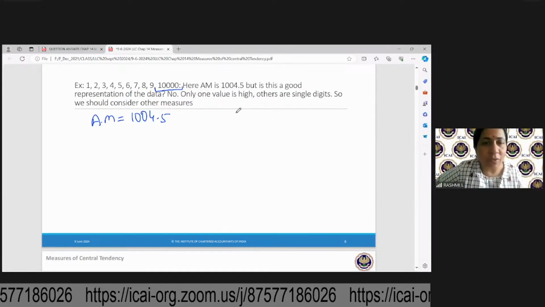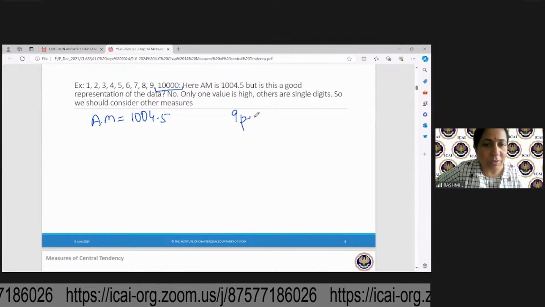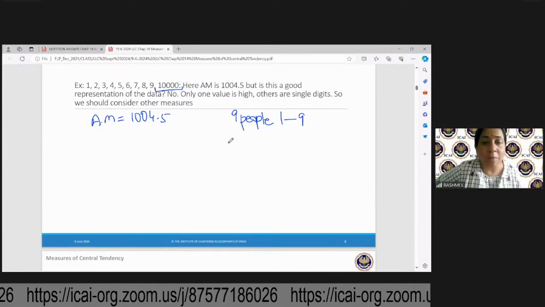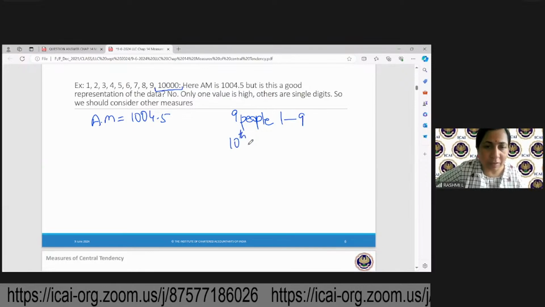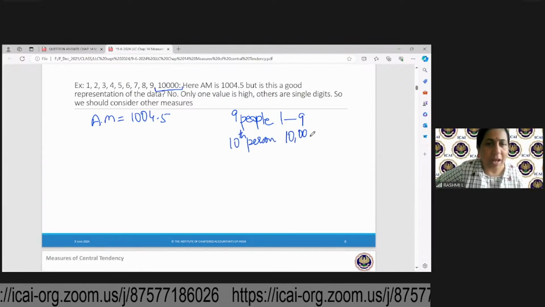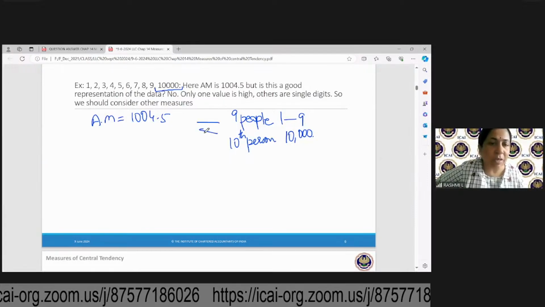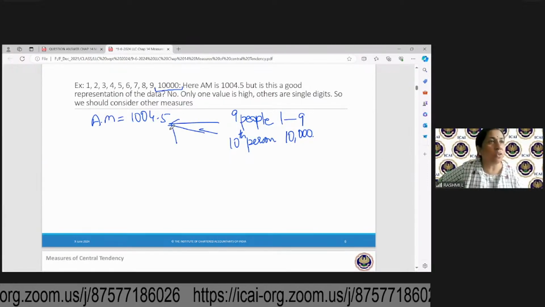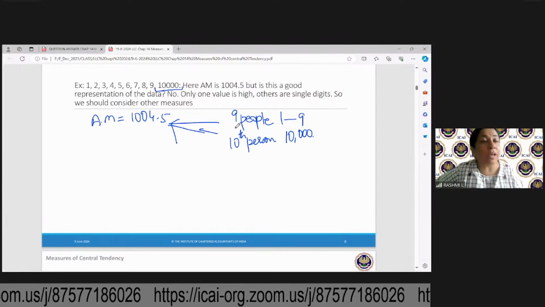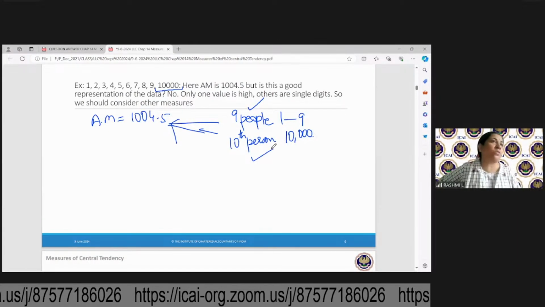For 9 people I have 1 to 9, but for the 10th person my value is 10,000, and together this gives an average of 1004. This 1004 does not do justice to the 9 people, and it does not do justice to the 10th person.